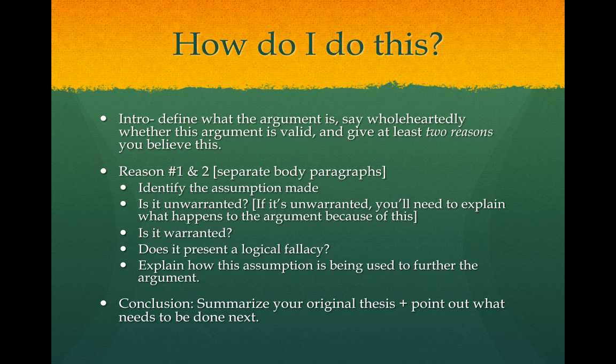These two reasons could be the unwarranted assumption number one and the logical fallacy number two. It can be two unwarranted assumptions. If you're saying that it is valid, it can be looking at credible claim number one and credible claim number two. But you want to make that clear from the onset.